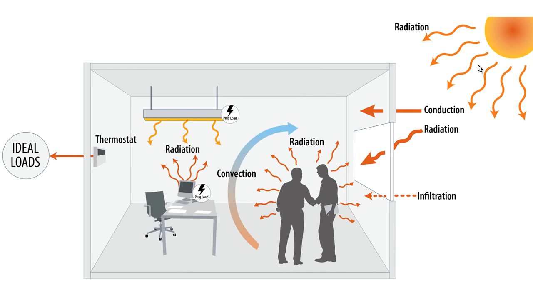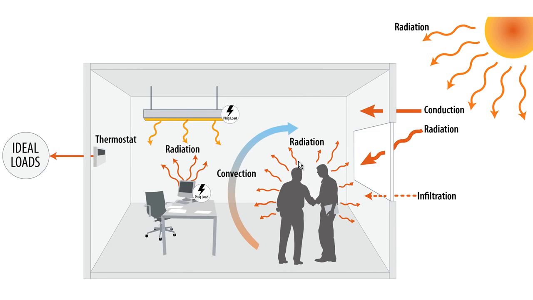That enters our zone and impacts it by heating up the glass itself or shining onto the floor or other surfaces and heating them up. So just from the external loads described over here, our zone is just going to get hotter and hotter if we don't have any sort of mechanical system counteracting these loads.